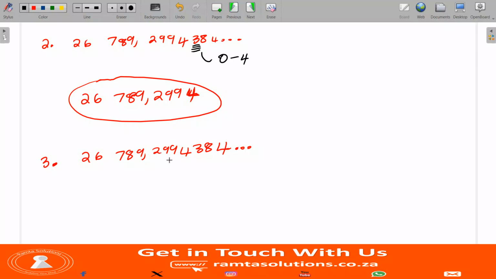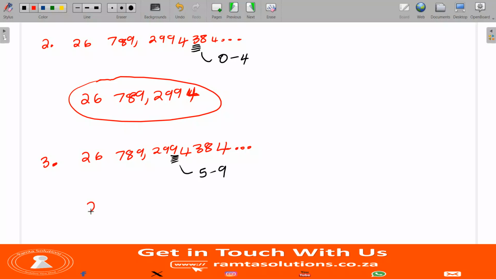This means we are going to look at the 3rd decimal place. 1, 2, 3. The 3rd, I can see, is between 5 and 9. Since it's between 5 and 9, what does it mean? It means the number before it must increase by 1. So what do we have? This was 9. If it increases by 1, it will become 10.